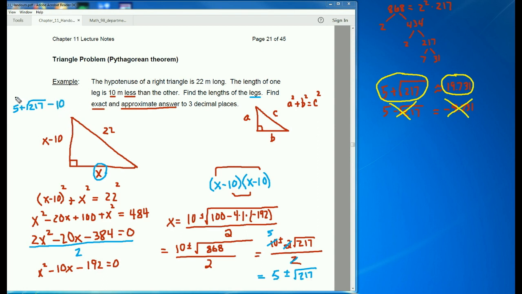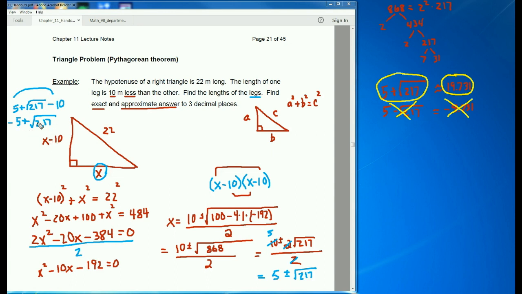Okay, so we can just go ahead and combine these two numbers. 5 minus 10 is minus 5. So minus 5 plus the square root of 217. Okay, so that is the exact length of this leg.